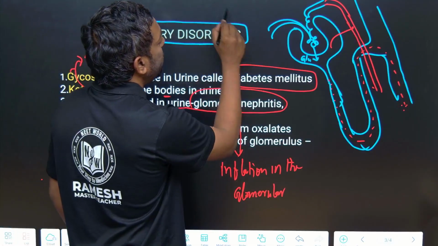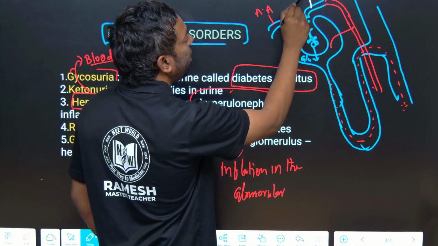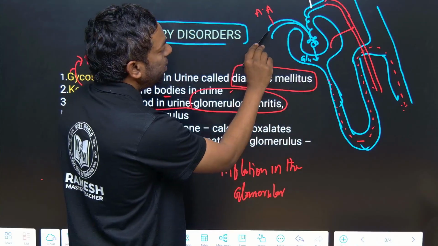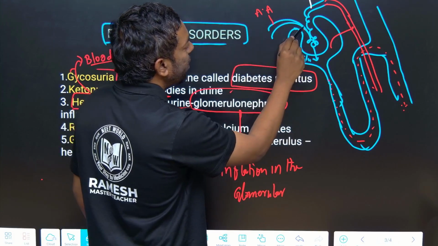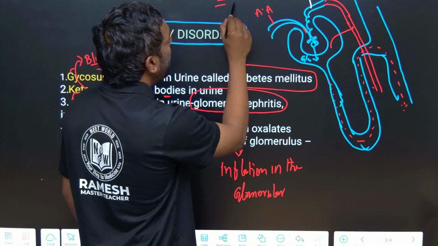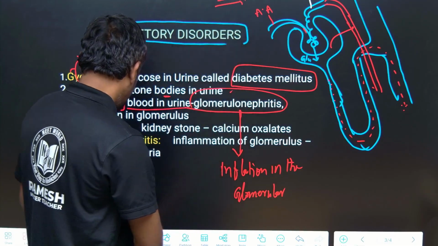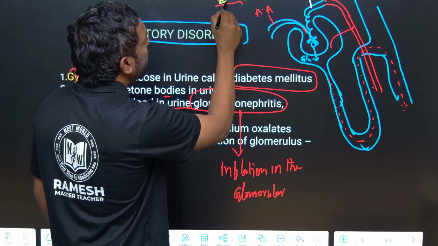Glomerular has this efferent arteriole. This arteriole further divides into capillary. Capillary walls have endothelial cells, guys.